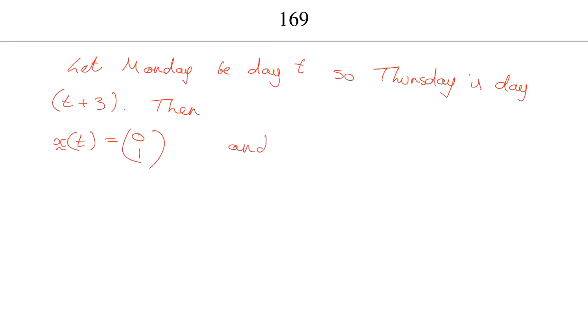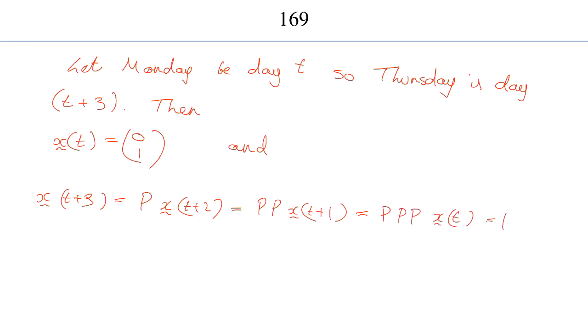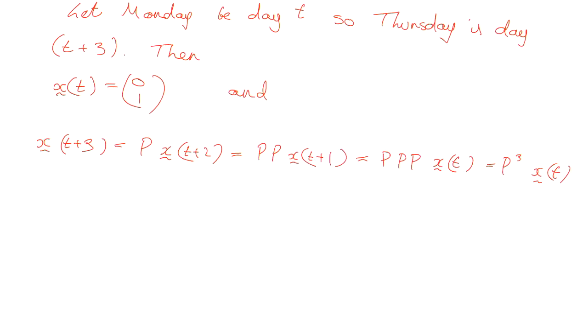And we can then work out what x_{t+3} is, because it's P x_{t+2}, and that's P times P x_{t+1}, and that's P times P times P x_t, which is the third power of P times x_t. And computing the third power of P is not super hard. You can just do that.